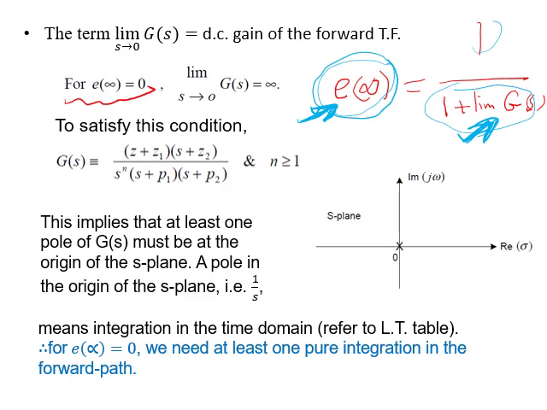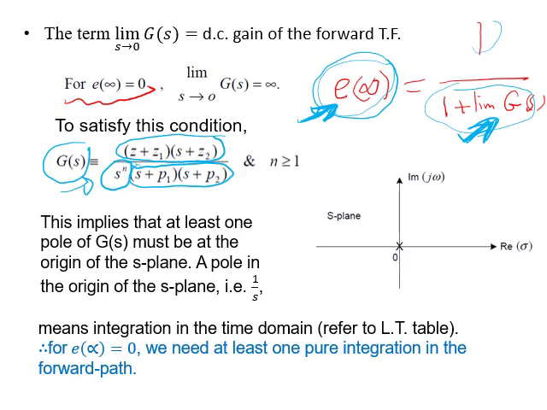Okay, let us replace this GS by the function itself. So we will assume in general the format of GS is going to be something in the numerator divided by the denominator. I will consider S to the power n because it's our target. So if the value of n is equal to 1 or more, what does it mean?